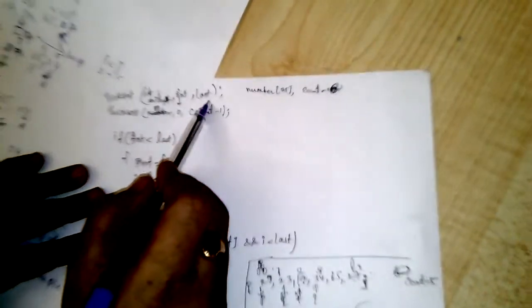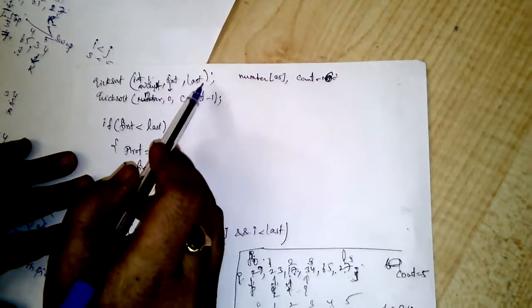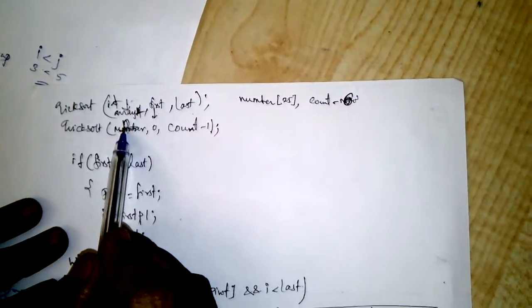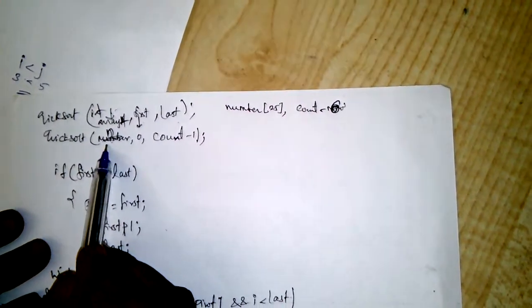One variable is the array, to pass the array through the function quicksort, another variable is the first element, and another variable is the last element of the list. Now I am calling the function quicksort where n is the array of elements we are passing.